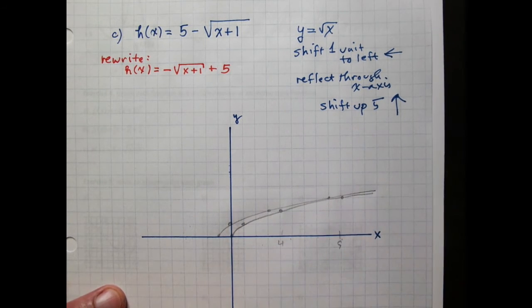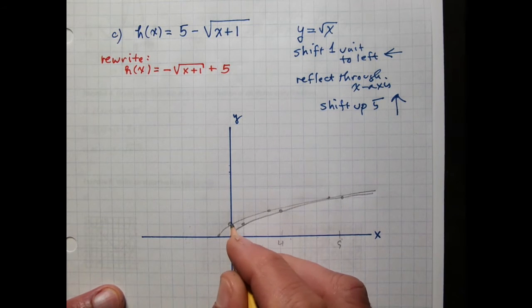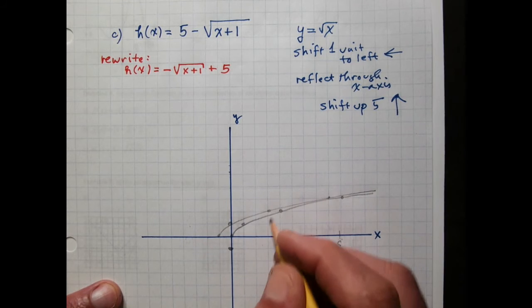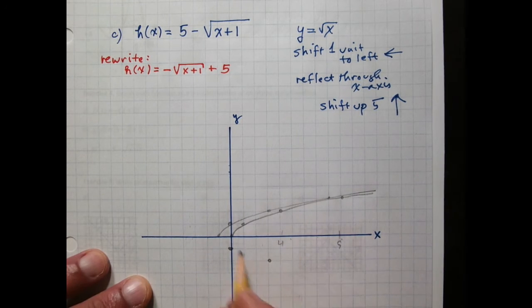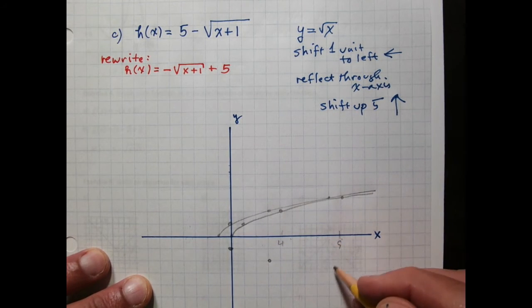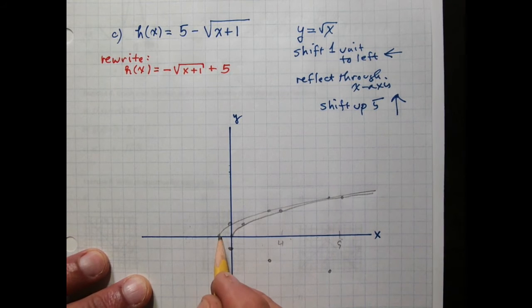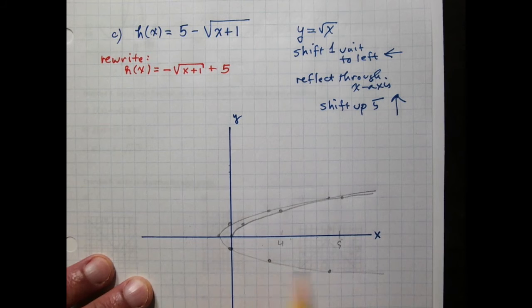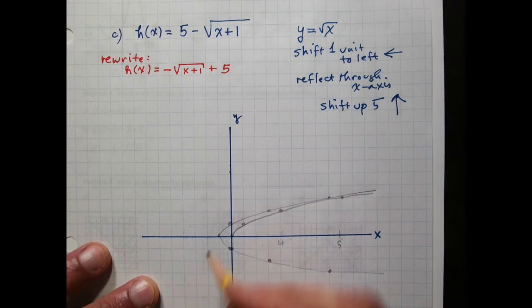So there's my second graph shifted to the left. Then I've got to reflect through the x-axis, and so now I'm coming down. I'm just getting that bottom half there. And finally, I've got to shift up 5 units.